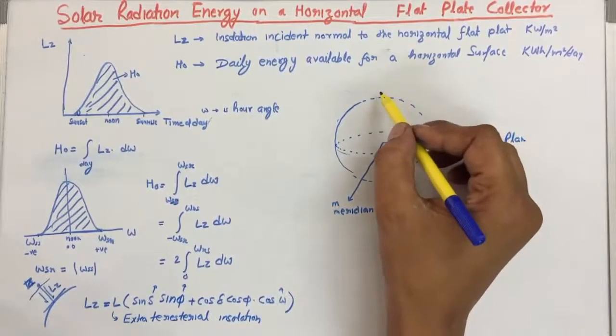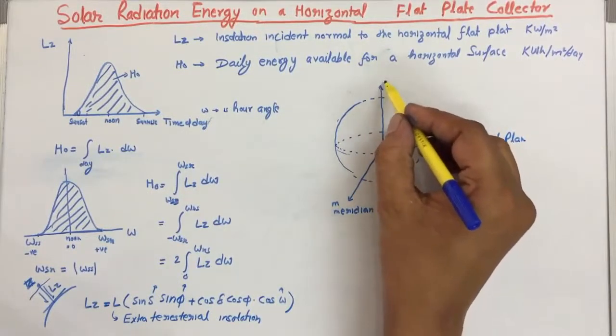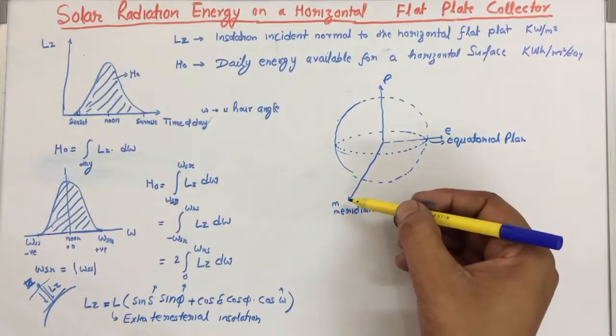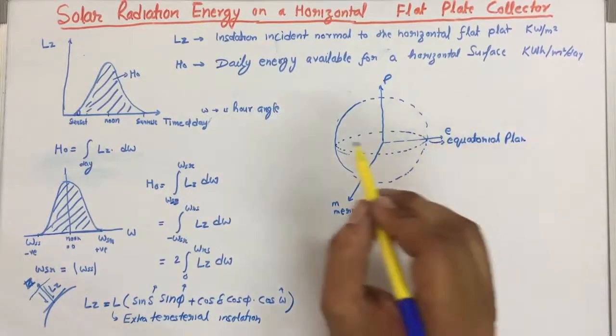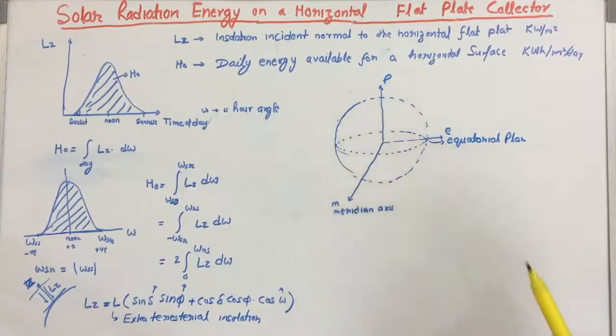And this is the polar axis. So east to west, polar north to south.